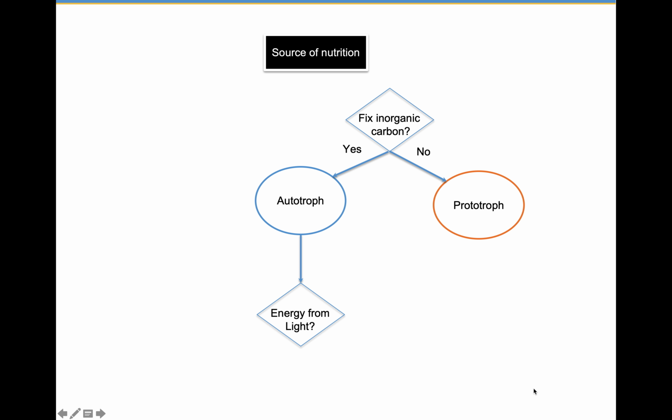So then, in order to fix inorganic carbon and turn it into a source of chemical energy, there is a need for input of energy, and that input of energy can come from different places depending on where organisms live.